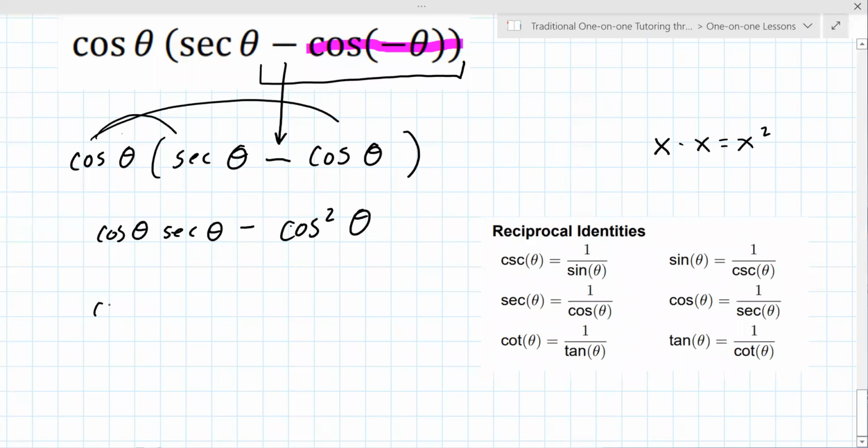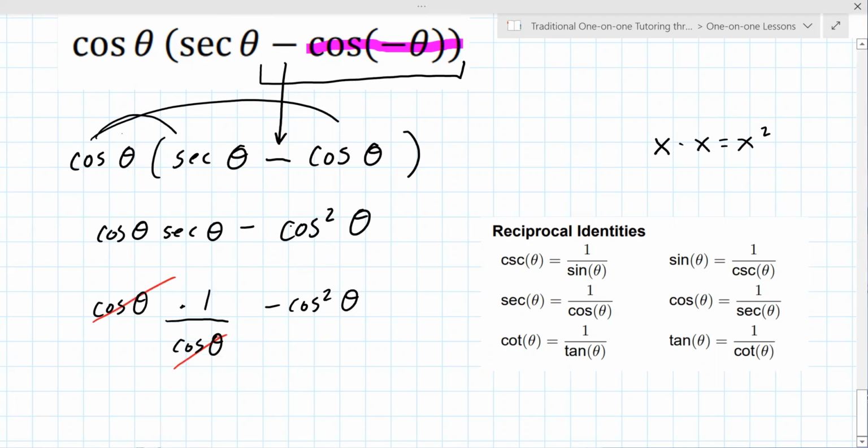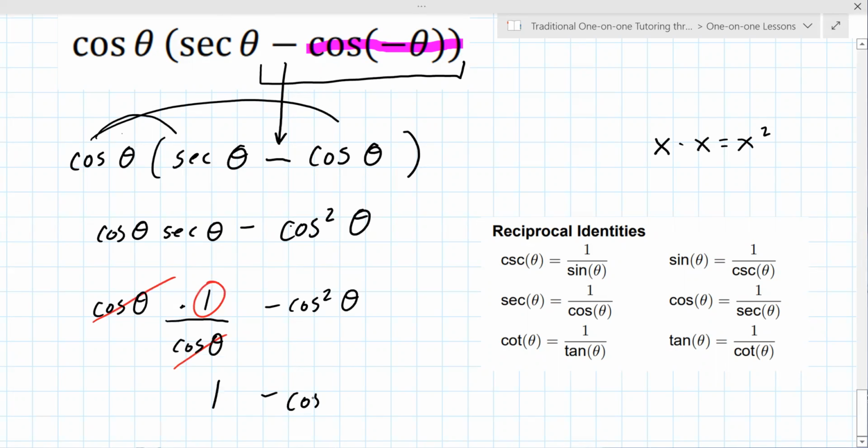Yes. So secant theta becomes 1 over cosine theta, minus cosine squared theta. And anything times 1 is itself, or maybe you already see that they cancel, but the 1 is left over. So this becomes 1 minus cosine squared theta.